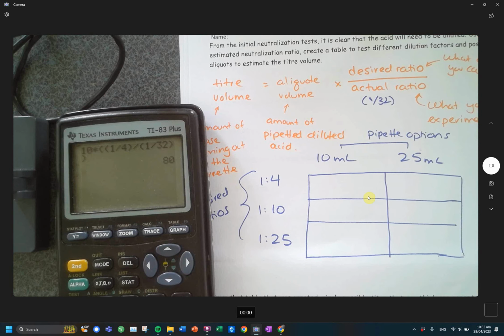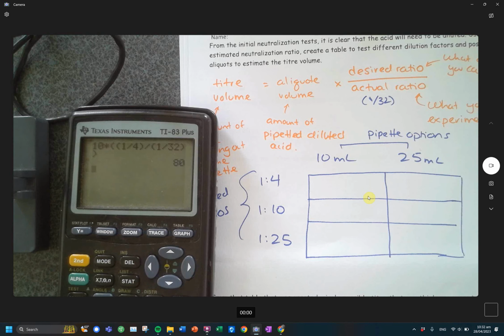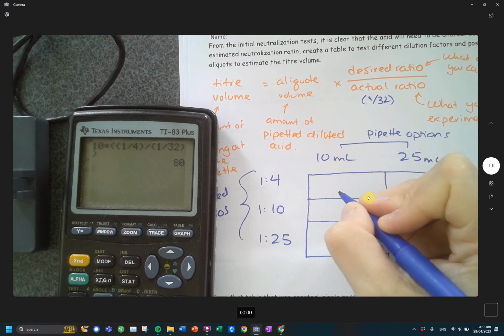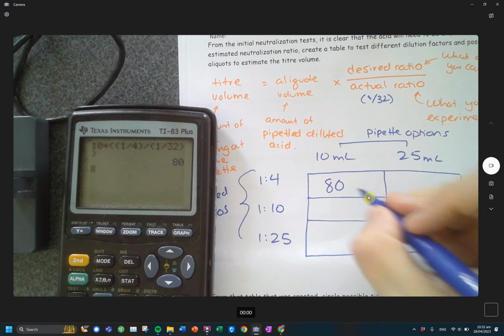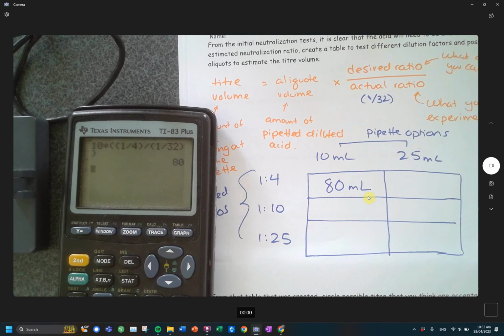And I hit equal, and what that tells me is that if I was to do a 4-fold dilution and use 10 mils of that 4-fold dilution, I have used less base, but I still use quite a bit of base that I would not be happy with. 80 milliliters. Now the nice thing about doing it in a calculator is I can go back and easily change numbers.